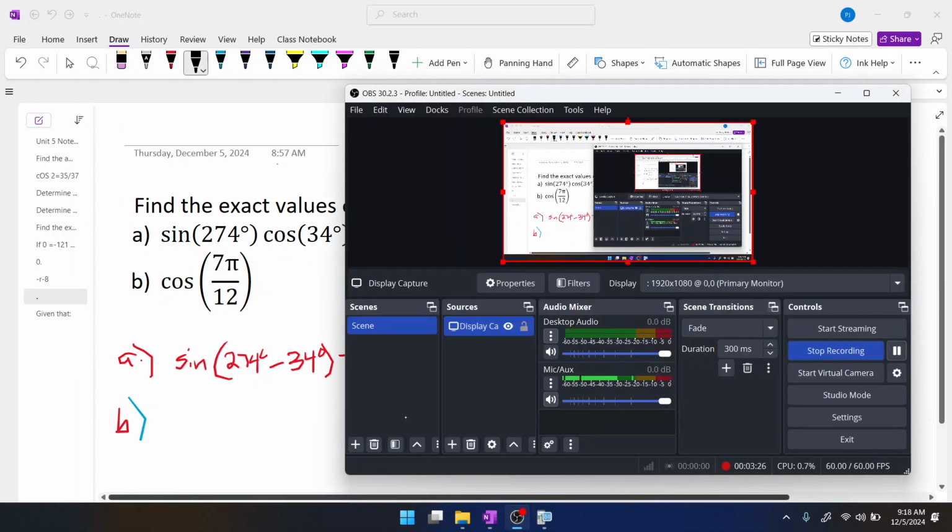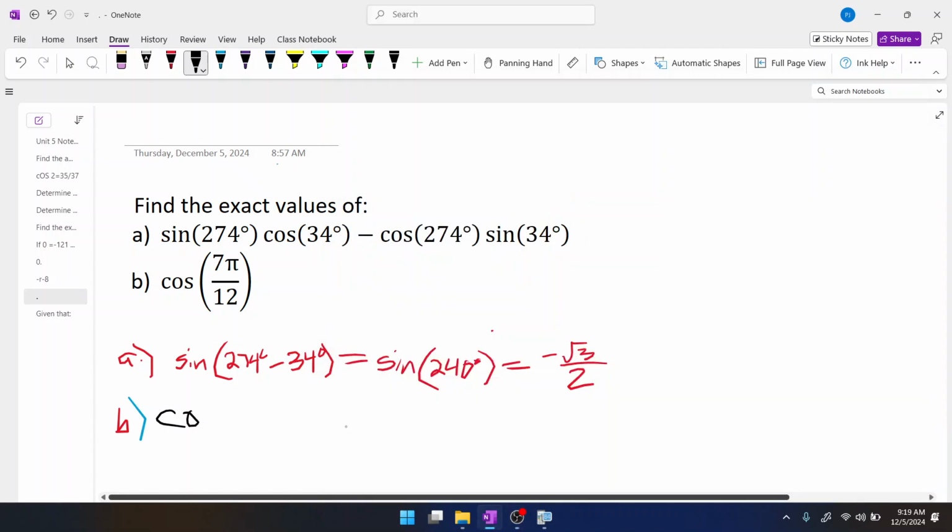Let me see. I could split this up into, say, cosine of 3 pi over 12 plus 4 pi over 12. Now you might be thinking, why would I do that?